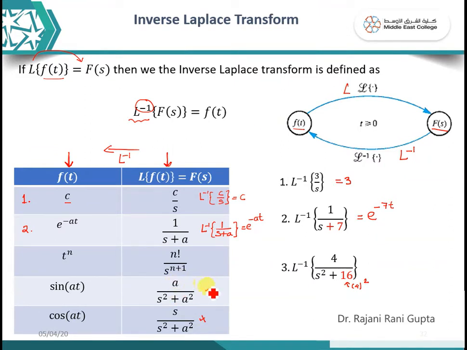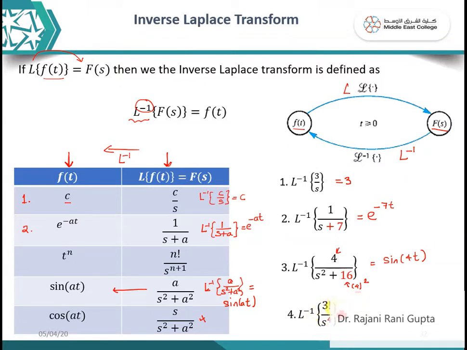So we use the rule which says that Laplace inverse of a over s square plus a square is sine at. So this gives you sine 4t. If it is 4 square, we should have 4 in the numerator. If it is some other number, we need to modify it.